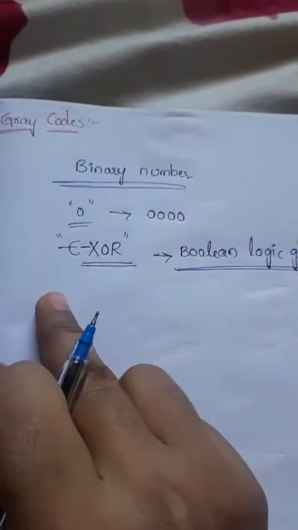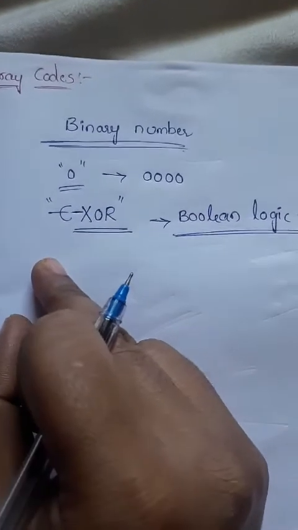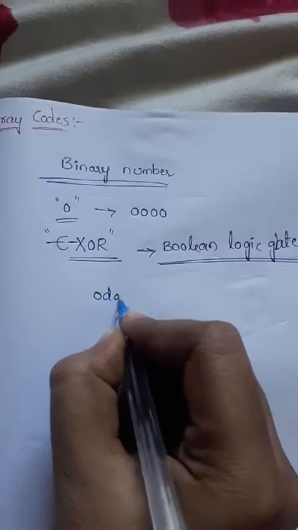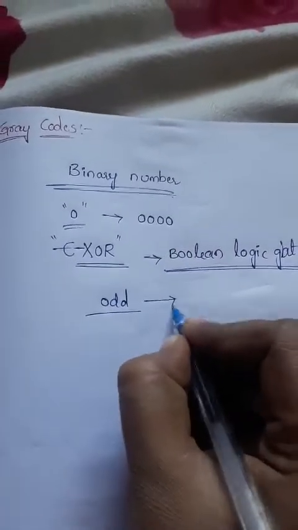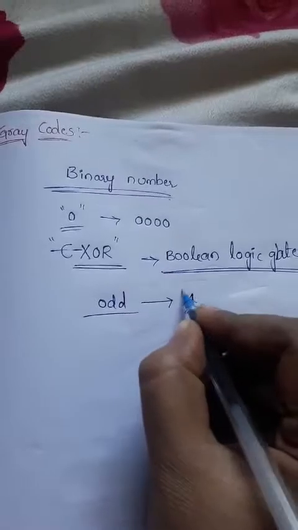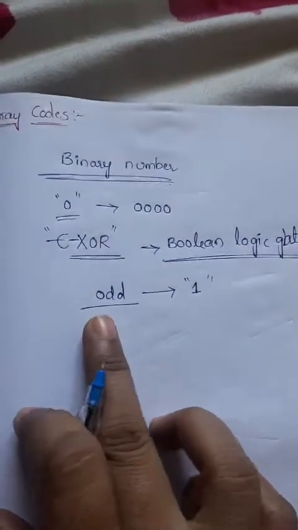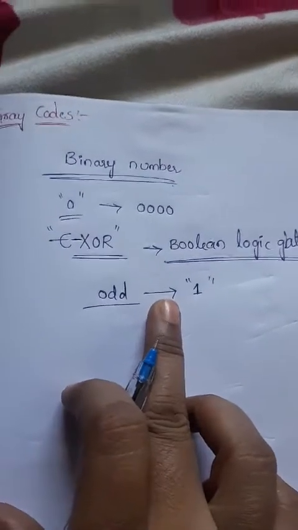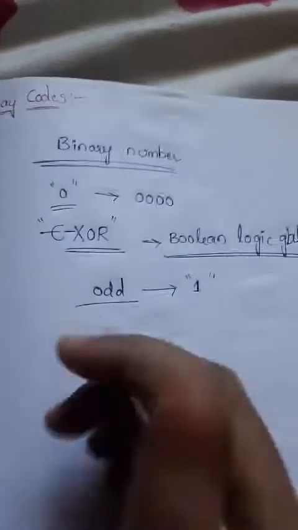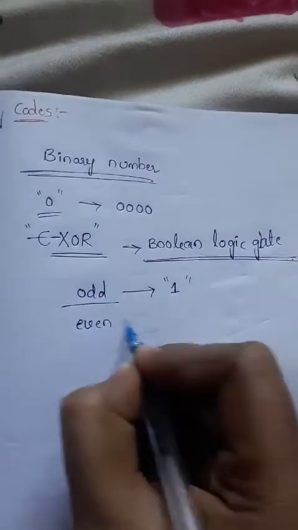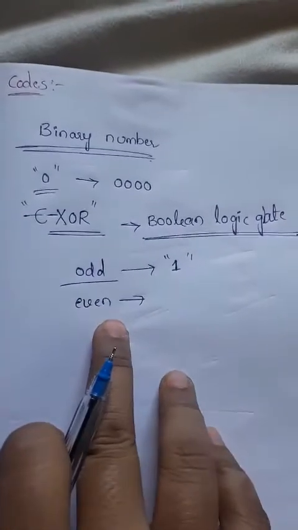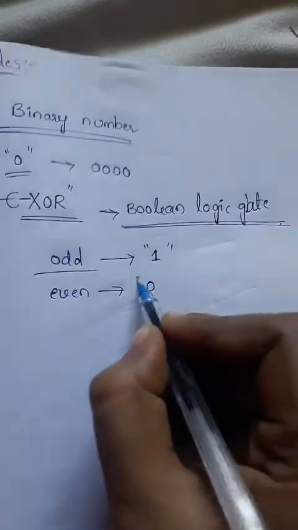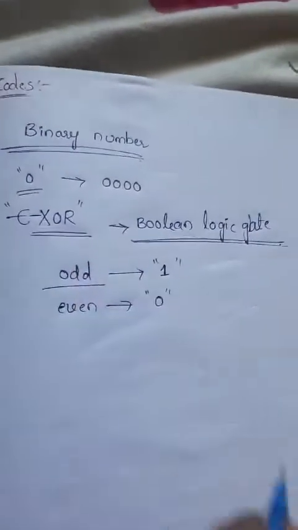The operation of the XOR gate is this: when you give an odd number of ones, it provides the result 1. If you provide an even number of ones, then the result is 0. Remember the point. This is the operation of the XOR gate.